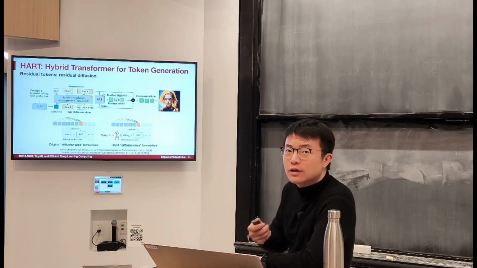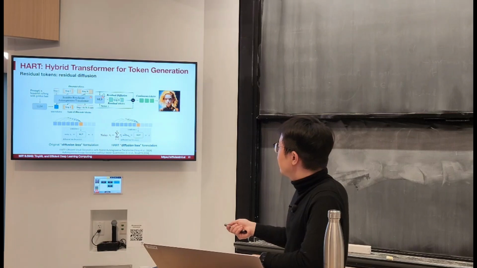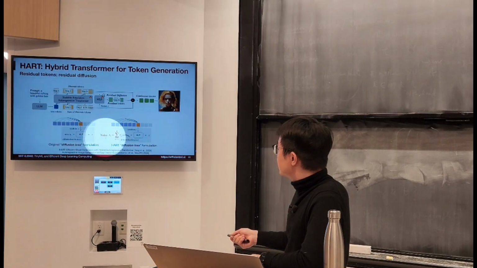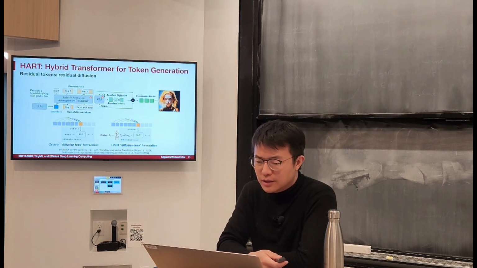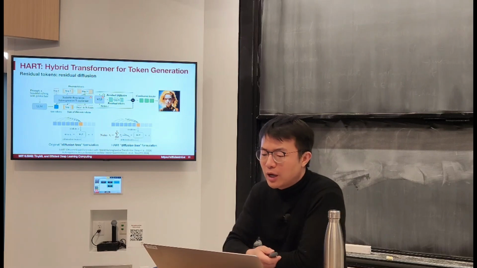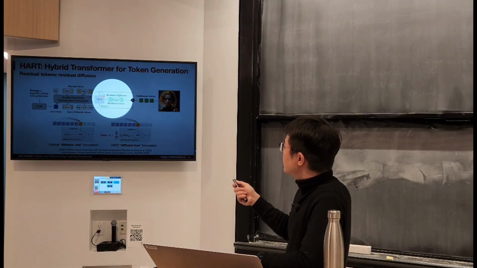The task of the small diffusion model is to model the difference between the sum of the discrete tokens versus the final output. And this becomes quite easy, and only 30 or 40 million parameters is enough to complete this task, for the residual diffusion to learn these residual tokens.